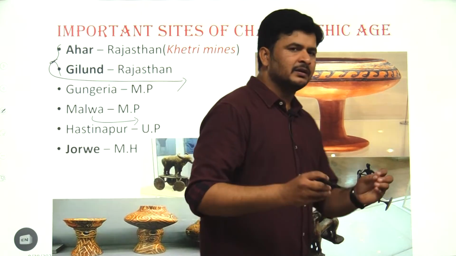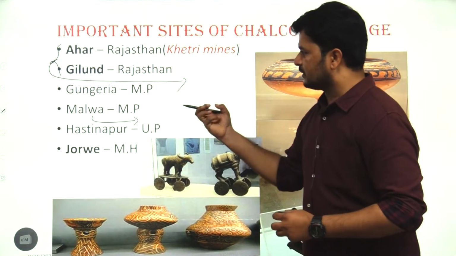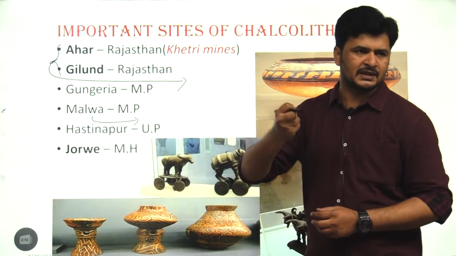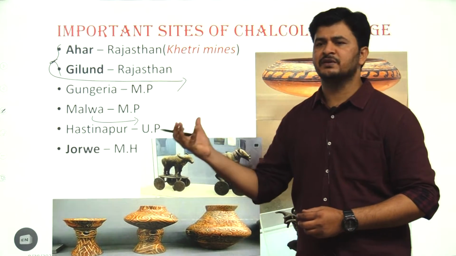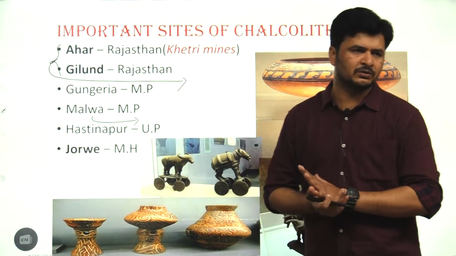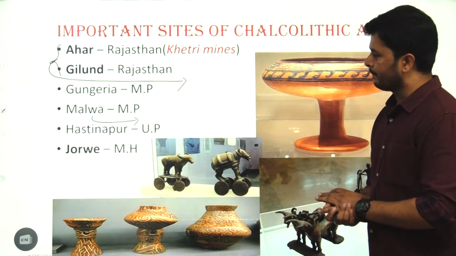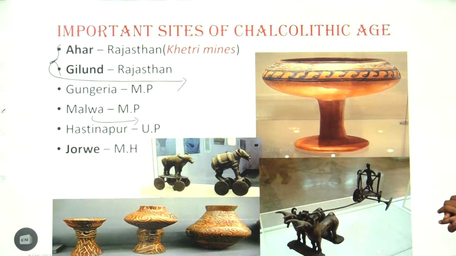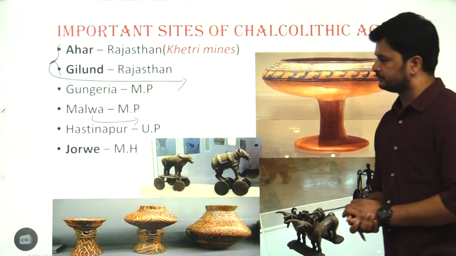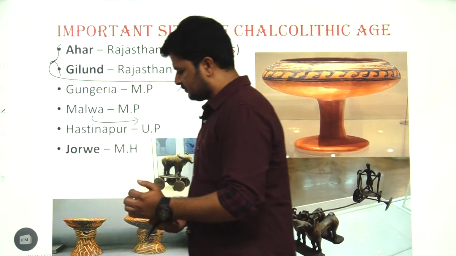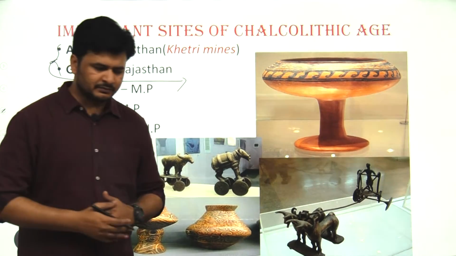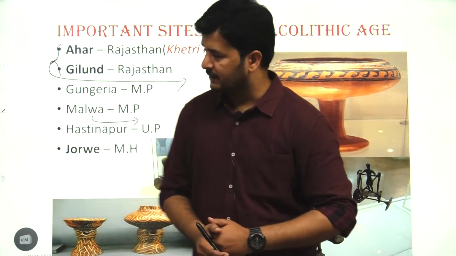This particular site has surrounding walls. Fortification, we call it. Some sort of fort, kota in Telugu. Fort, fortification. Malwa, Madhya Pradesh. Followed by Hastinapur. Not the Hyderabad Hastinapur. Hastinapur, near Delhi.